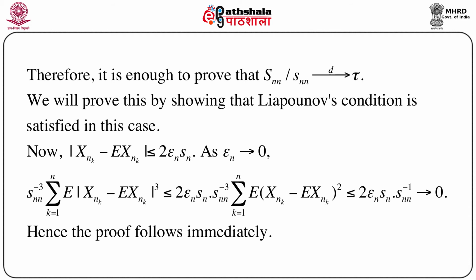Just by doing a little bit of algebra, we can immediately show that this quantity is less than or equal to 2εs_n · s_nn^{-1}, which goes to 0 as n goes to infinity.